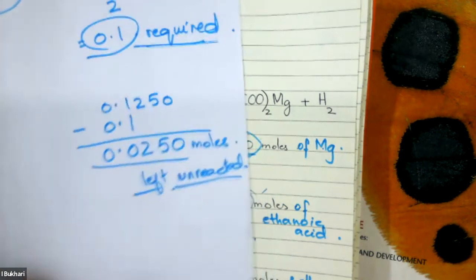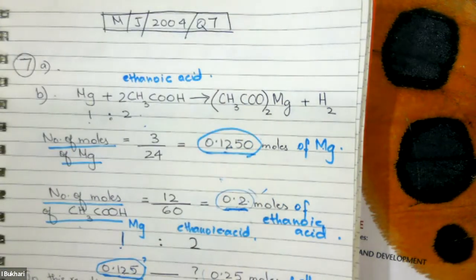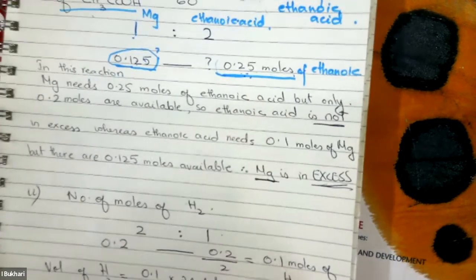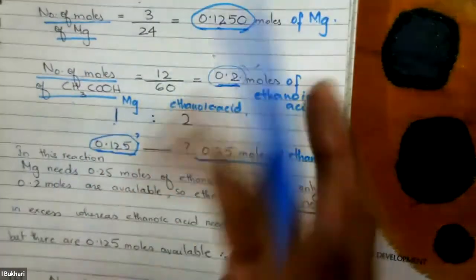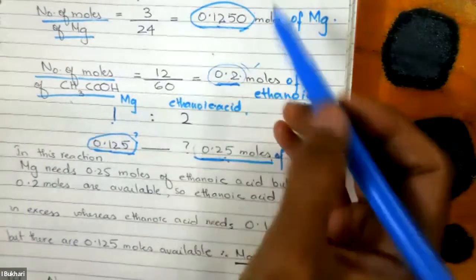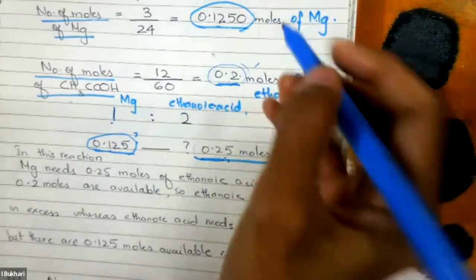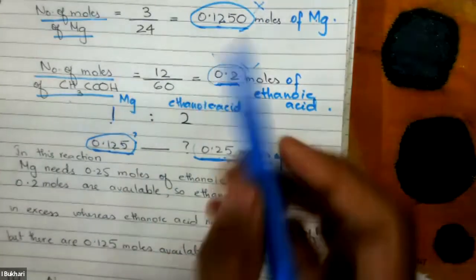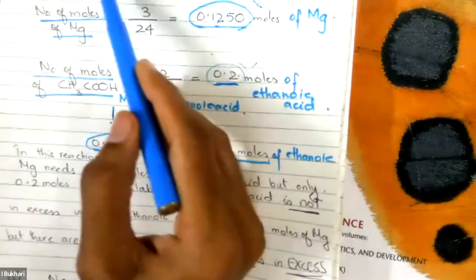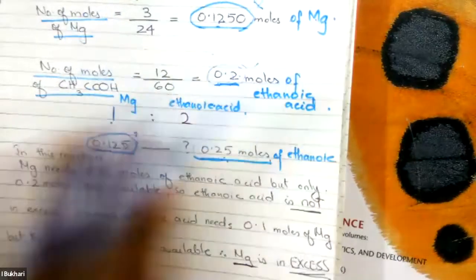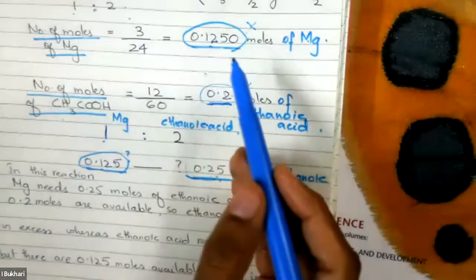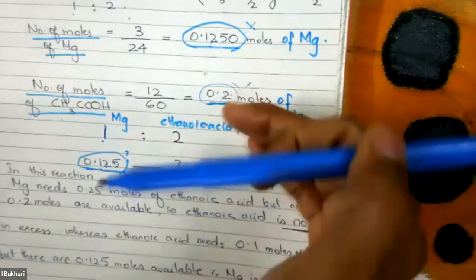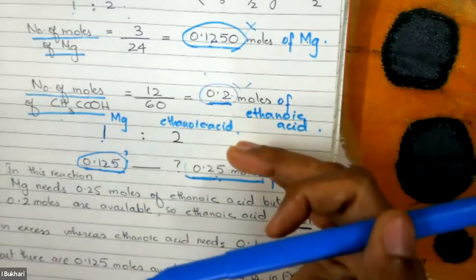Now, how many moles of hydrogen were formed? Another thing: when you know that a substance is in excess, you will not use its number of moles for finding out the number of moles of other substances using the ratio method.